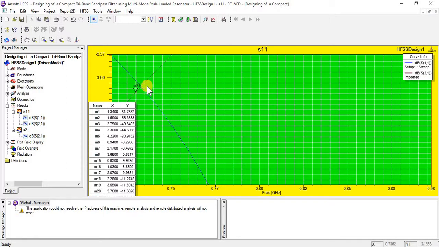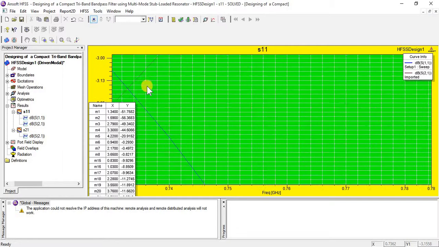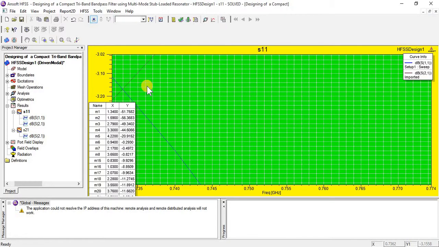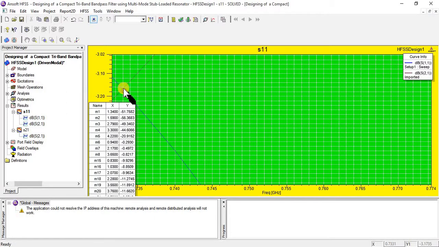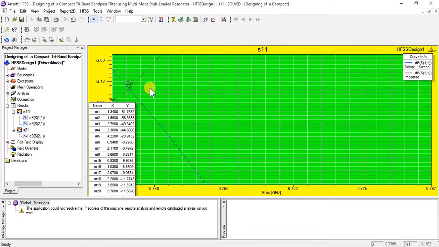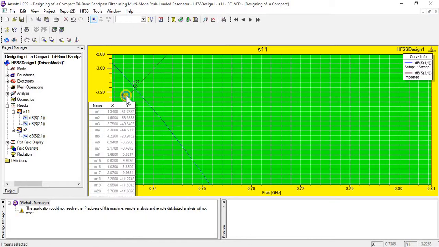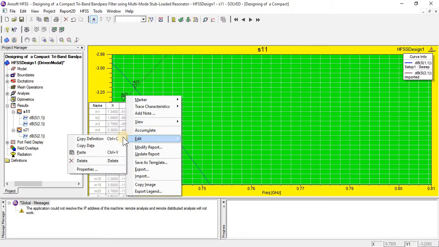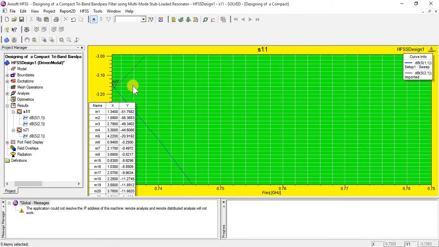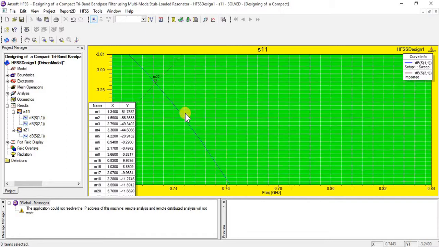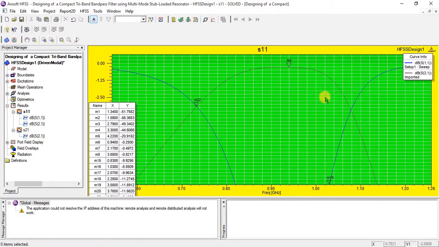You can see that without grid lines it is very difficult to mark. So move it in such a way that you get the point, now delete this. Here you can see that now it is marked at the correct position.